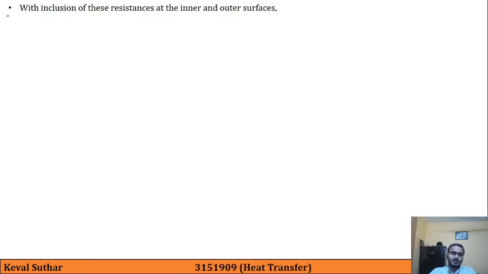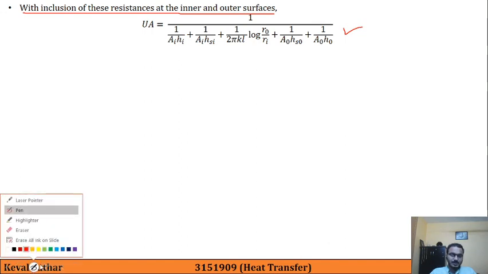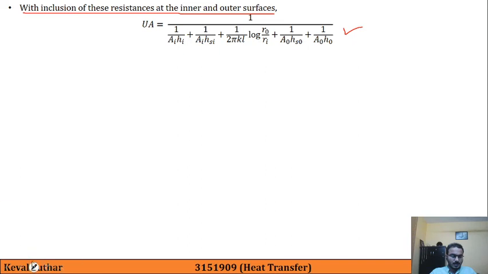Now with inclusion of these resistances at the inner and outer surfaces, we can write down the overall heat transfer coefficient formula in this way. Which two additional things have we done?